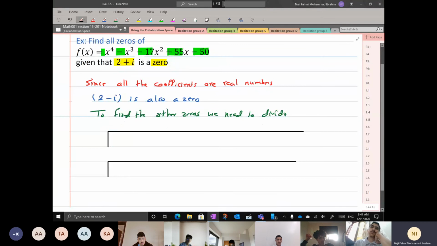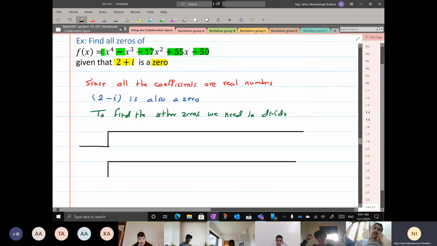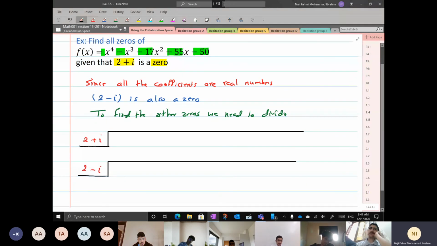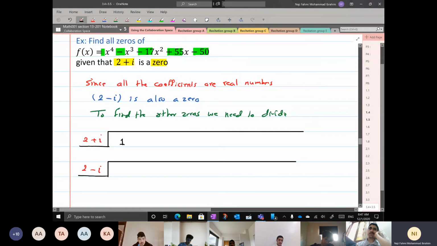The first division I will divide by the given one, which is 2 plus i. And in the second one, we will divide by the conjugate, which is 2 minus i. But here, since we are using complex numbers, we have to be very careful, and we have to make some spaces between the numbers. Let's start the division now.